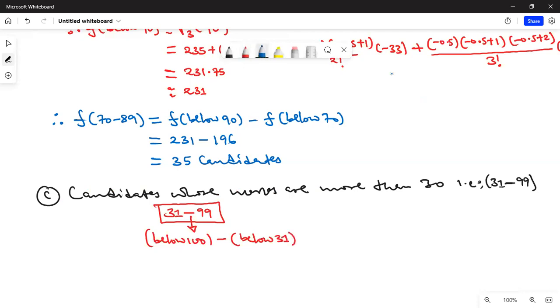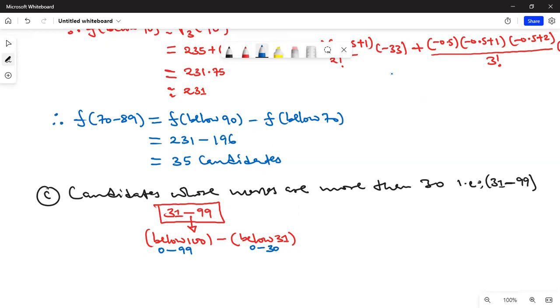What do you mean by below 100? That is from 0 to 99. Below 31 is from 0 to 30. So when you subtract the two, you are going to get between 31 to 99. I hope that is clear.